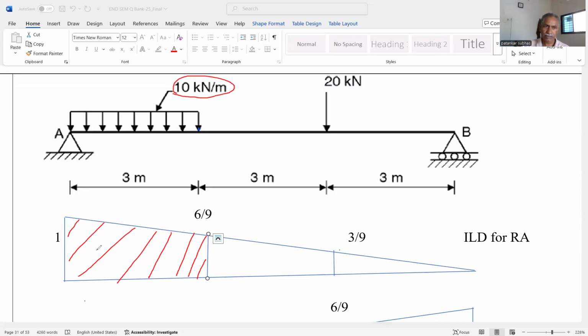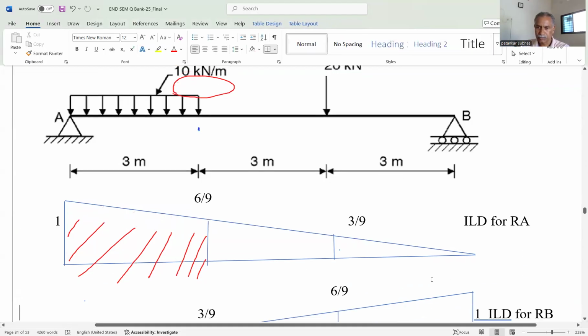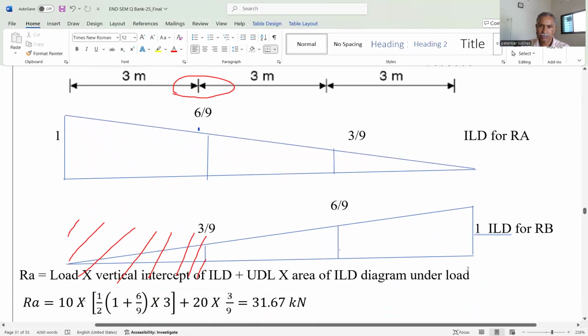ILD for RB, again at B support we have put 1, and at A support we have put 0. In this way we get the ILD for RB.